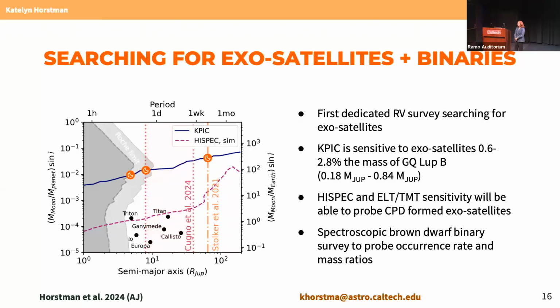It looked maybe in your GQ Lup B like there were systematic offsets between the different orders. Is that real? Yes, and so this is actually something we're actively working on looking at KPIC with all of the data that we actually have, and something we talked about at the decommissioning. We see that there's differences between particularly orders 33, 32, and 31, where that trend is upwards, and also differences between the fibers.